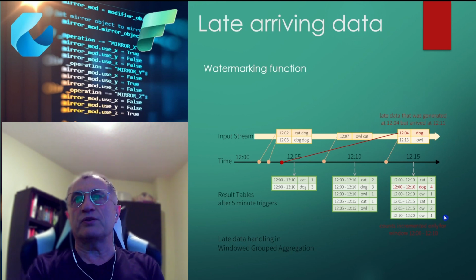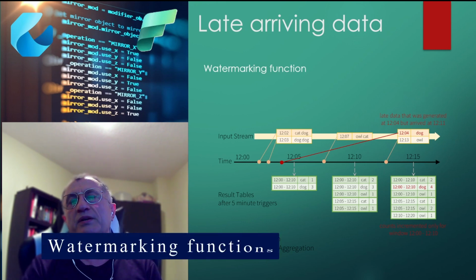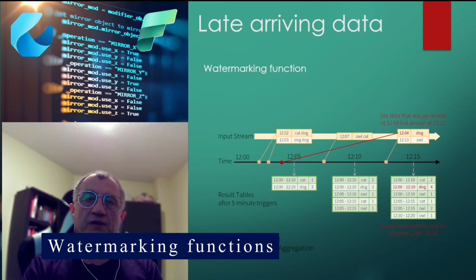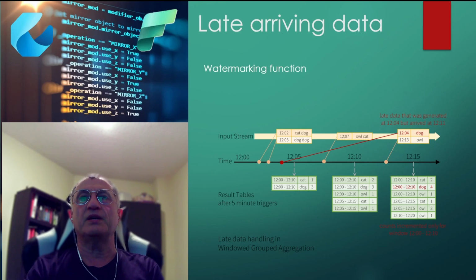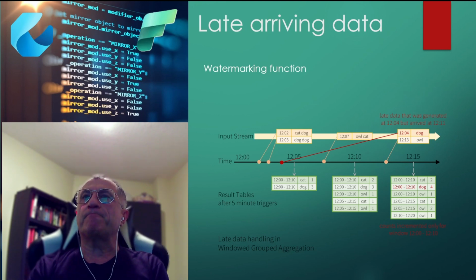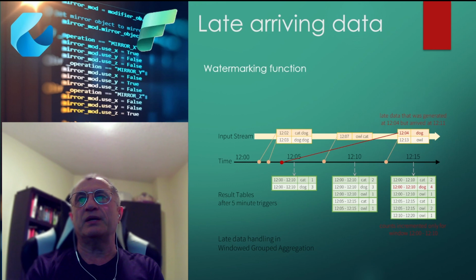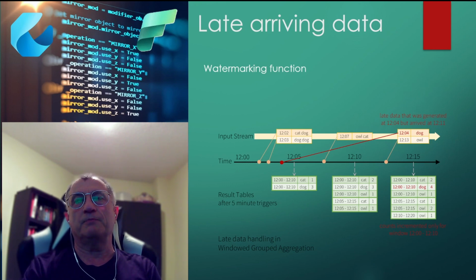To address this kind of situation, there is the watermarking concept. With the watermarking function, you get the flexibility of specifying a kind of grace period. So you basically can say, wait X number of seconds or minutes before you close the window. Let's take a look at the code that has watermarking logic.